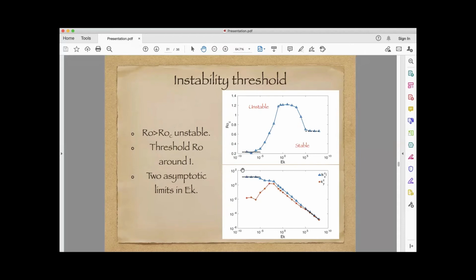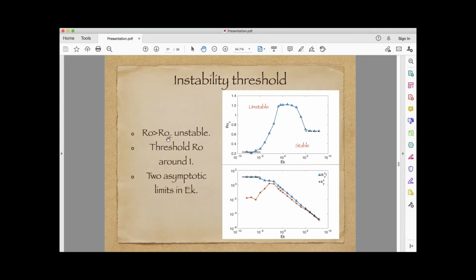And we find that above this blue curve, you have an unstable solution. Below it, you have a stable solution. And this is as a function of the Ekman number, and the critical values of the wave number of this instability are given here. So kx and ky are the typical wavelengths of this instability. Anyway, I won't go too much into the second graph.